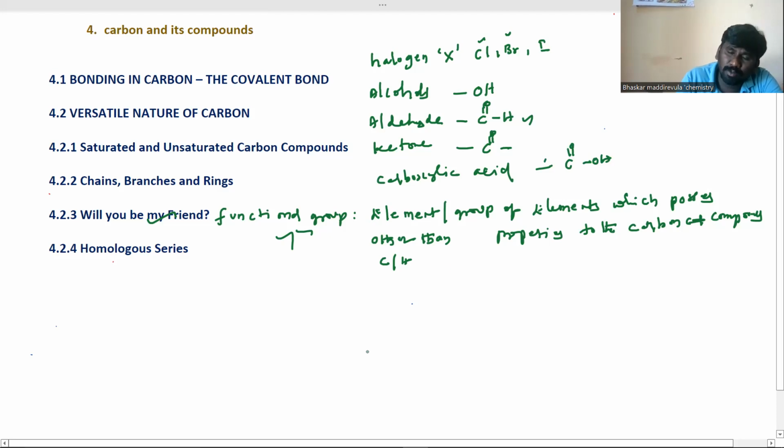How will they ask questions? Simply by giving some compounds. They give one compound like this. Identify the functional group. See what functional group is here? C double bond O. So you have to identify the functional group and name it. This is the ketone group. Now the same way with other examples.